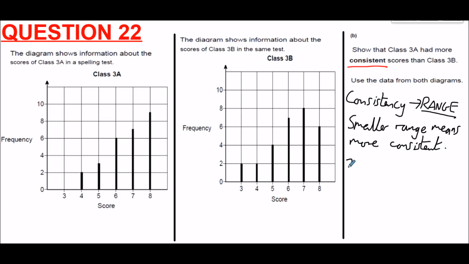So for class 3A, the range is the highest value, take away the lowest. So for class 3A, the highest score was 8, and the lowest score was a 4.